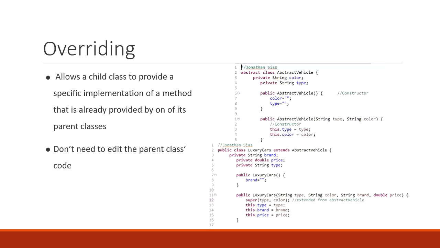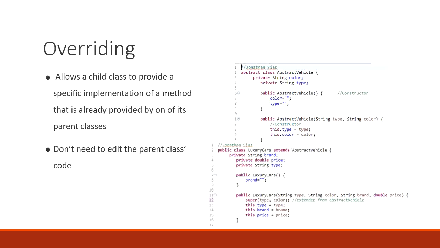Here in my code, the parent class known as abstract vehicle declared the color and type of the vehicle. The child class extends the abstract vehicle parent class, and now we don't need to declare color and type again. We can just create an object of color and type.